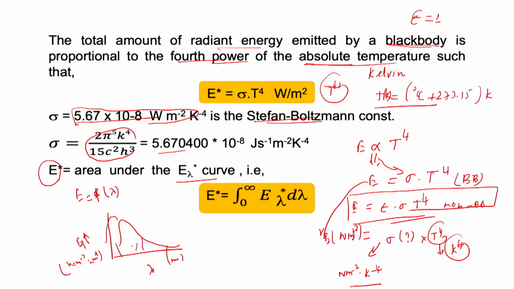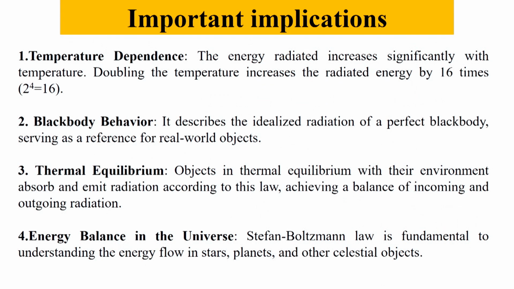So the total energy will be given by integrating E lambda over the wavelength. Wavelength can vary from 0 to infinity, or whatever maximum wavelength you have. In principle you can have infinite, because this is a continuous spectrum, but at some point you have to truncate the value.